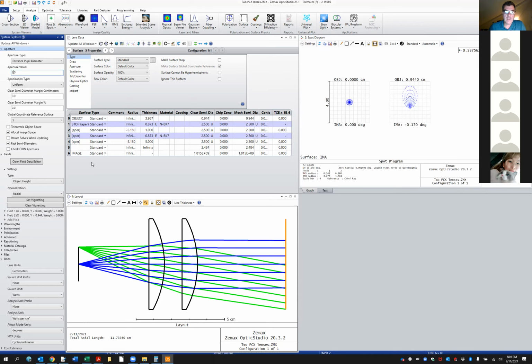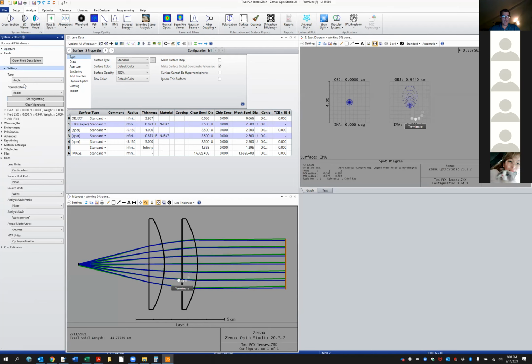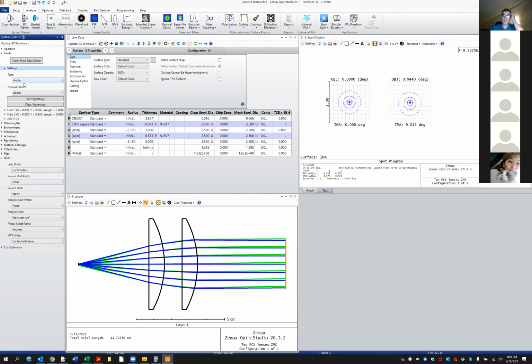So you have everything that you need to do the assignment for next Tuesday and see what happens to the output angle whenever you change the input angle, meaning whenever you change the off-axis angular position of the object. Any questions?